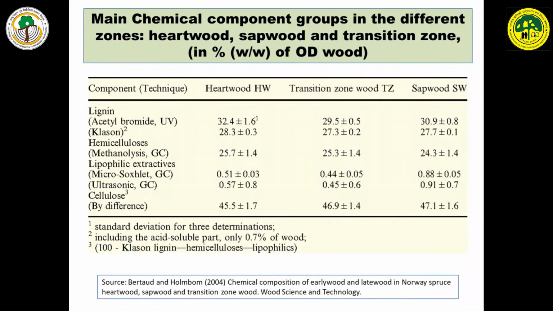And in the transition zone, the values were in between these two extremes, sapwood and heartwood. Because the transition zone is a gradual change from the heartwood to sapwood, the values almost lie in between the values of the heartwood and sapwood for all the different chemicals.